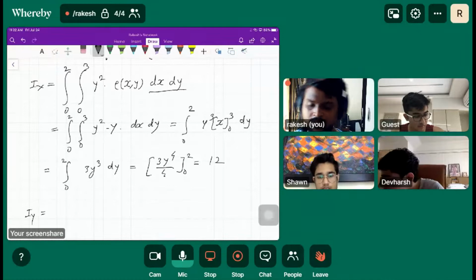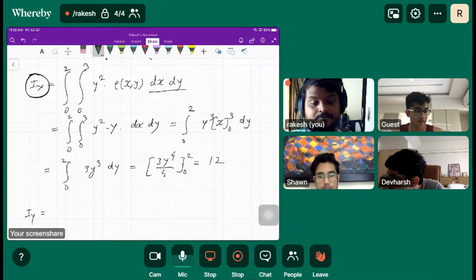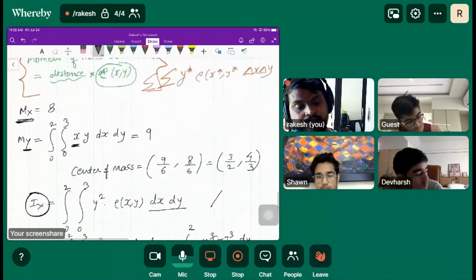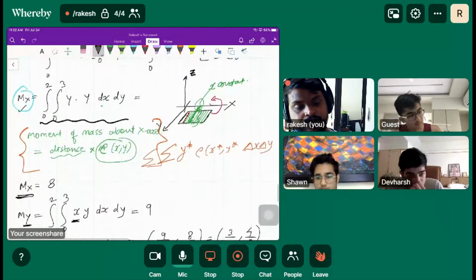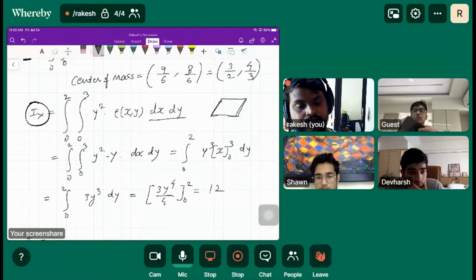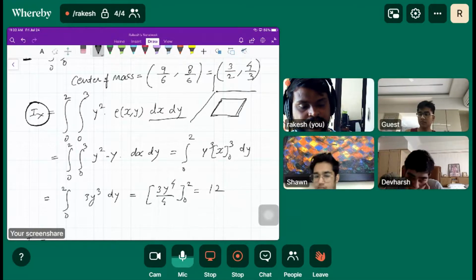And what is Iy? This is radius about the x-axis, meaning the distance. See, in this diagram, the radius is basically the distance of the center of mass from the x-axis.